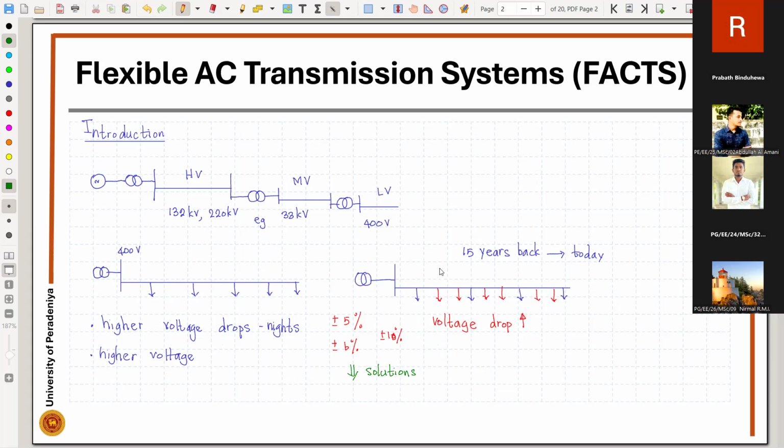Now, if we want to provide a solution for this case where the load increased year by year, what are the solutions that we can have?